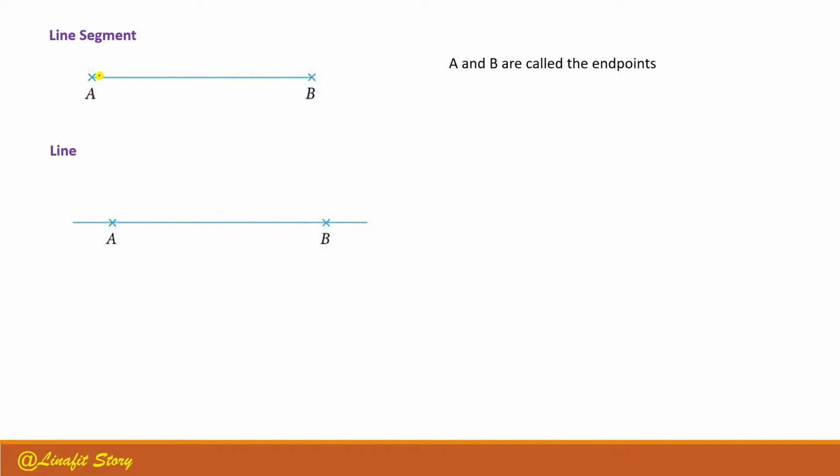When we join two points A and B together, a straight line segment AB is formed. A and B are called the endpoints. So this is the line segment between A and B. If we extend the line segment AB in both directions indefinitely, we get a line.